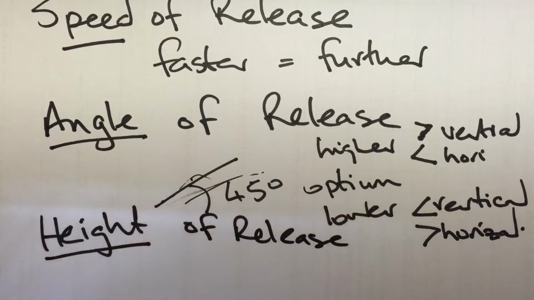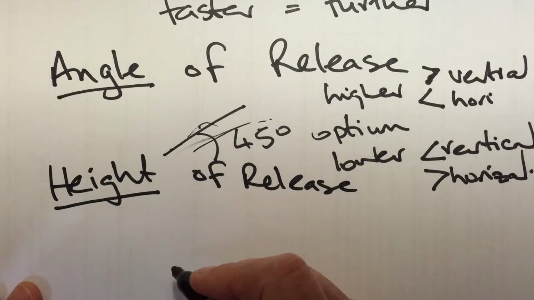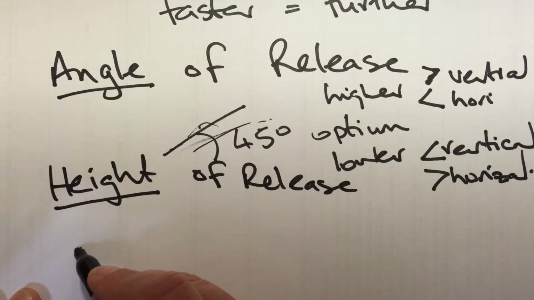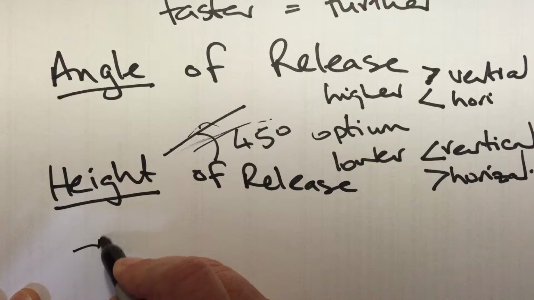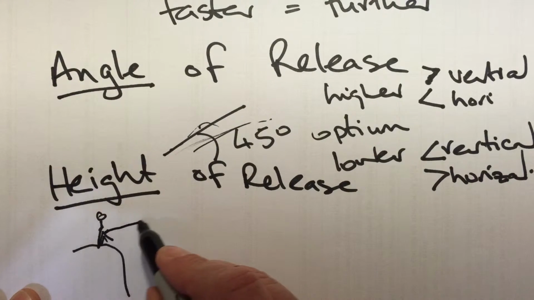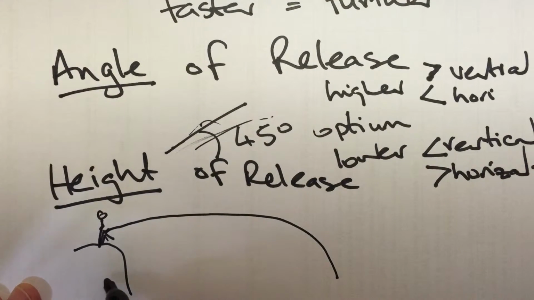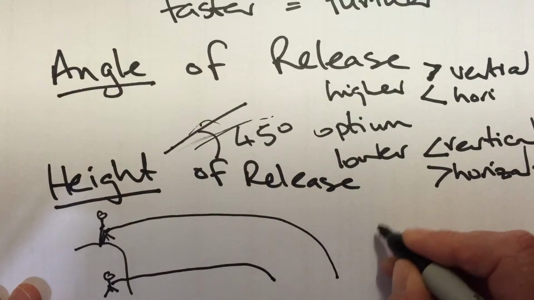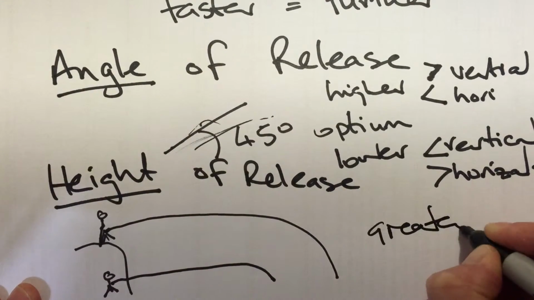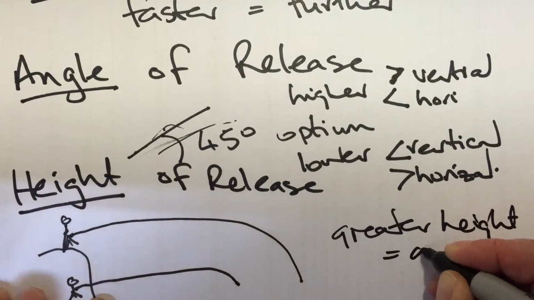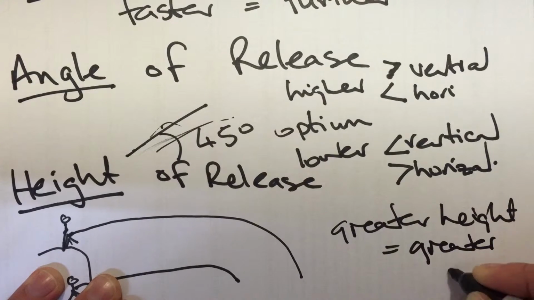So height of release. Let's talk about a golfer. If a golfer was on an elevated tee and was going to hit the ball, their ball will go further than their buddy who's hitting it off at ground level. So greater height of release will equal greater distance.